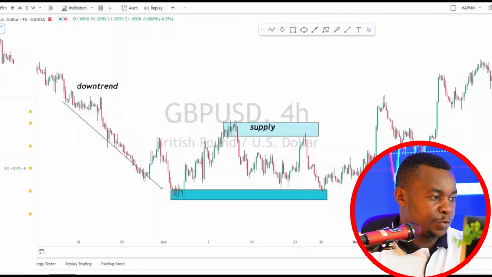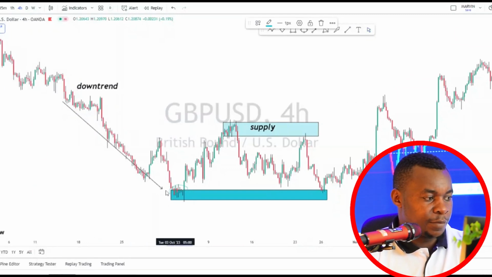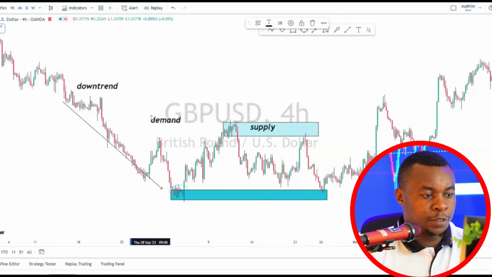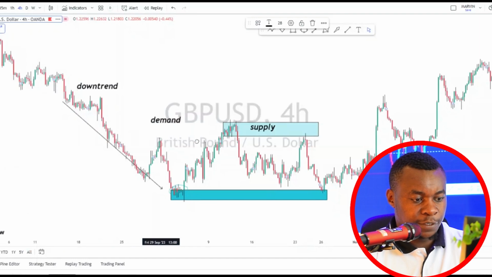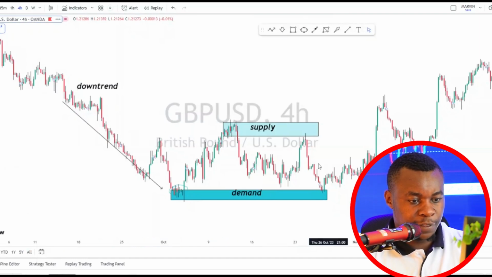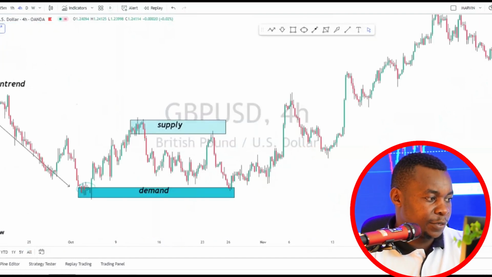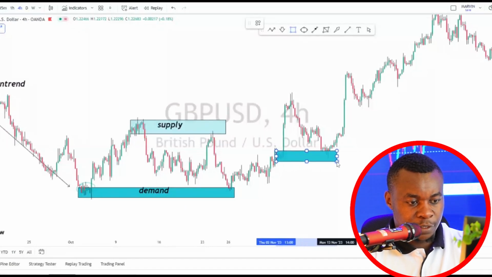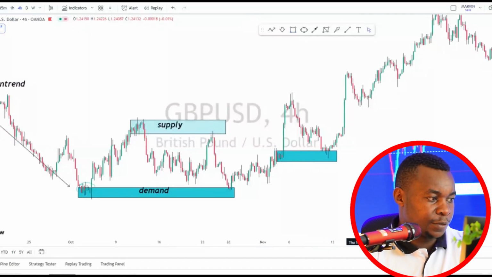Then the market ended up creating a demand. Let me highlight several demands here for supply. So you have another demand at this particular point here. So you have some exhaustion here. So this character here is a reaccumulation of orders, the demand created.